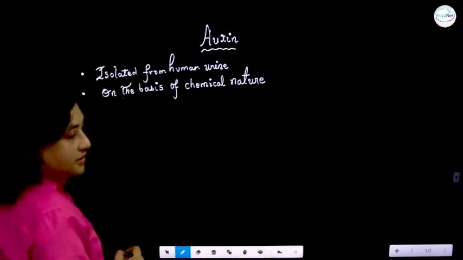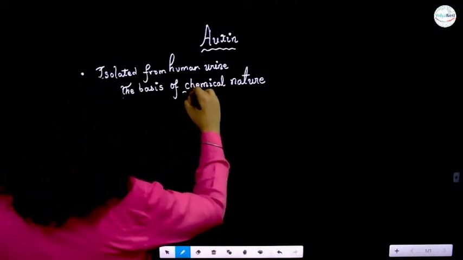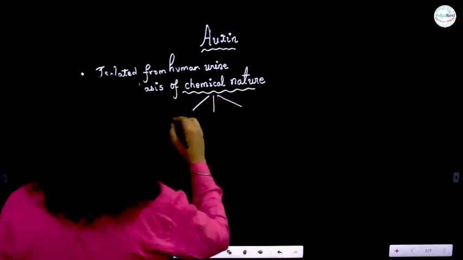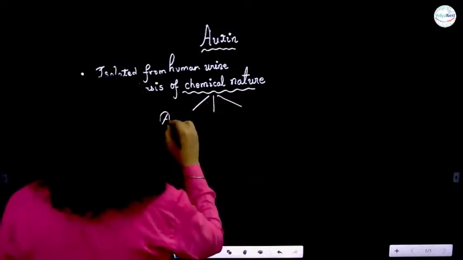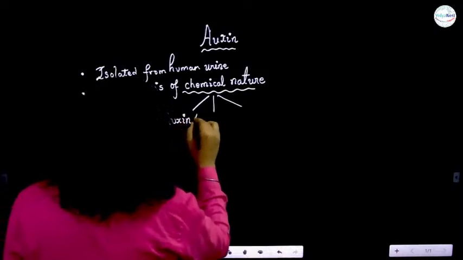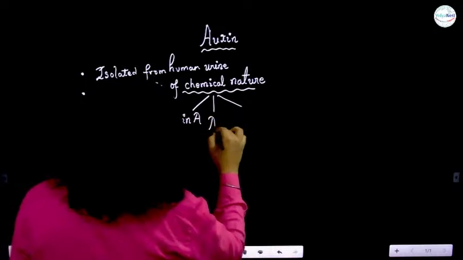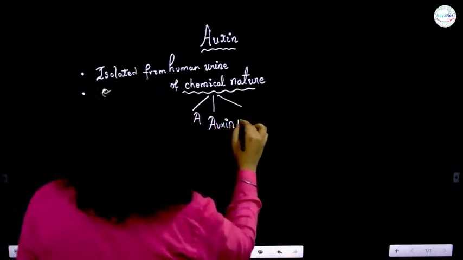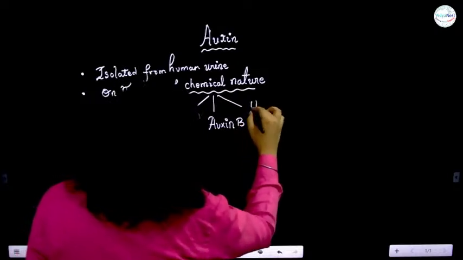On the basis of chemical nature, auxin can be divided into three types. One is auxin A, and then auxin B, and another one is heteroauxin.